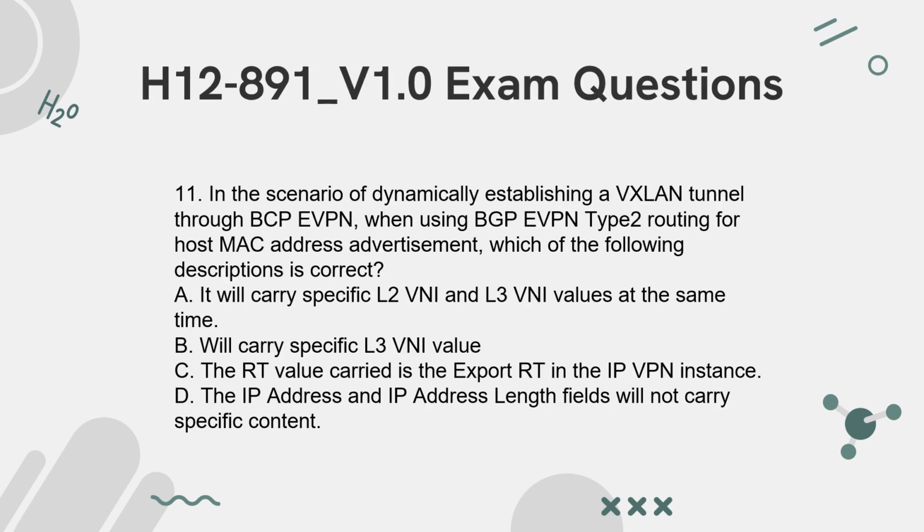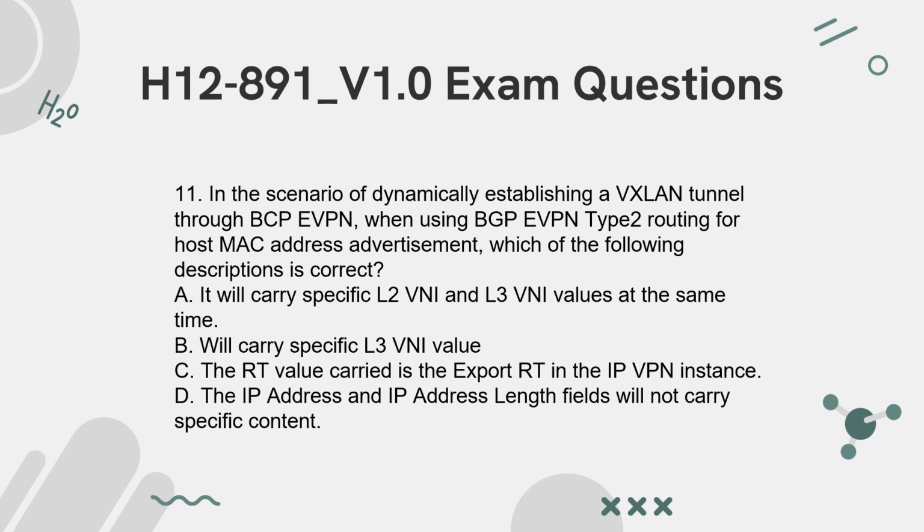In the scenario of dynamically establishing a VXLAN tunnel through BGP EVPN, when using BGP EVPN Type 2 routing for host MAC address advertisement, which of the following descriptions is correct? A. It will carry specific L2VNI and L3VNI values at the same time.